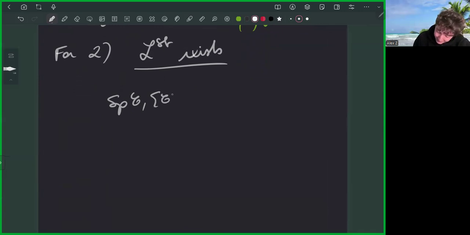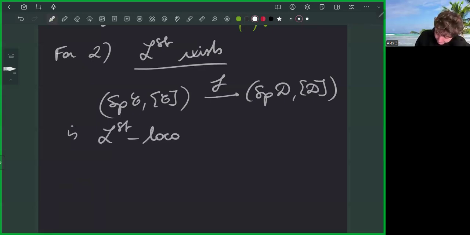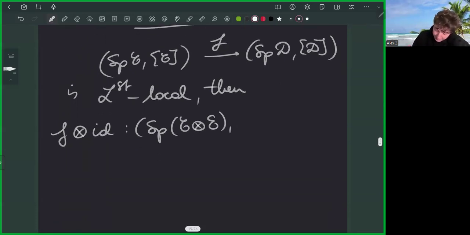We have to show that if we have a morphism like this, and let's suppose this is LST local, then what we have to show is that F tensor with the identity, which should be a functor from SPC tensor E, for any E, where E is some other Grothendieck pre-stable category, is okay.